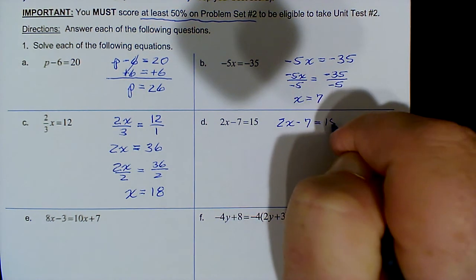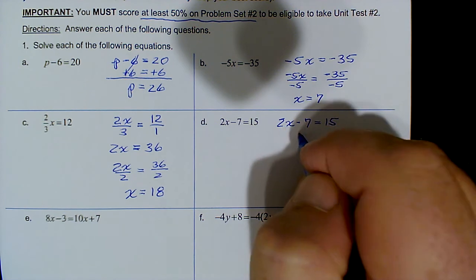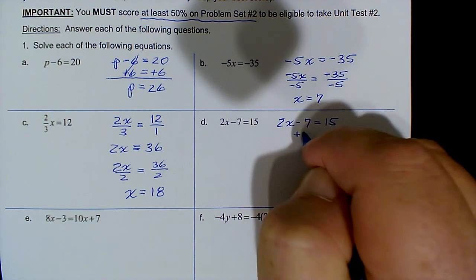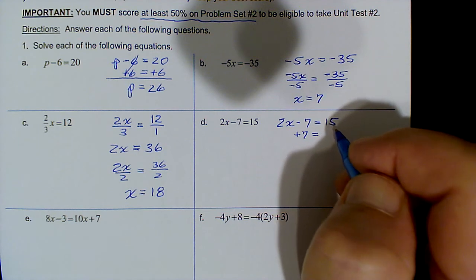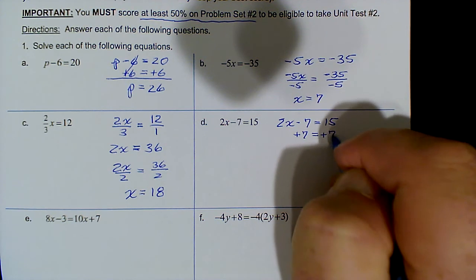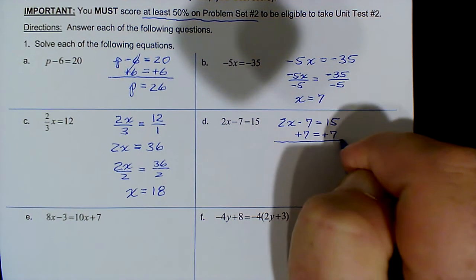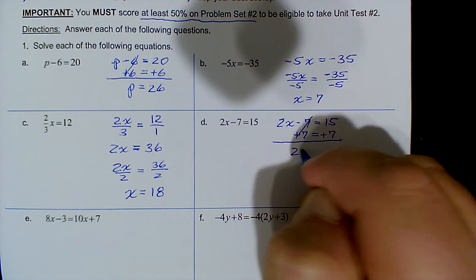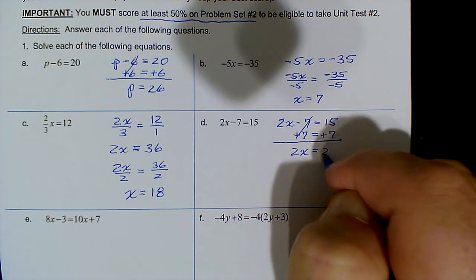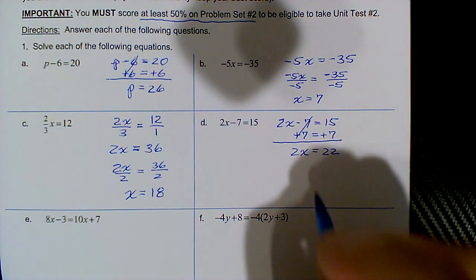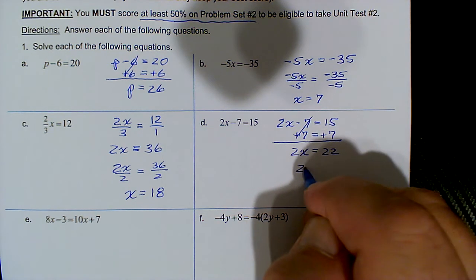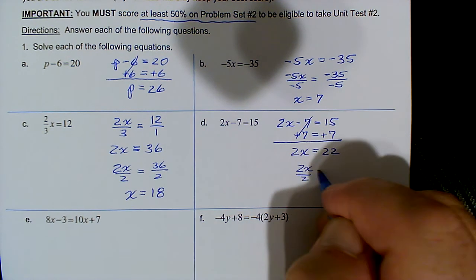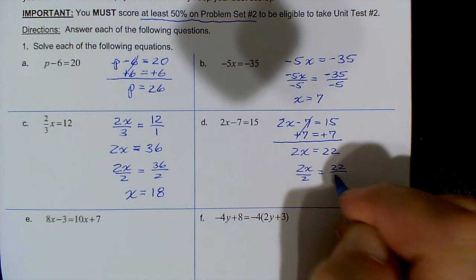Okay, the variable is just on one side, so I bring the constants to the other by transposing the negative 7, adding 7 to both sides of the equation. And we get that 2x is equal to 22, and now the division. So it's a two-step process. Constants to the other side, then division. And in this case, we get x is 11.